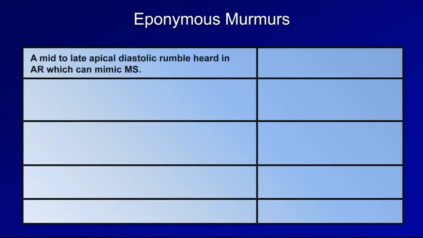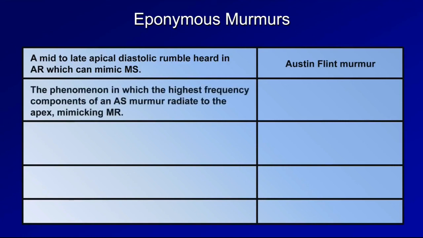First, a mid to late apical diastolic rumble heard in aortic regurgitation, which can mimic mitral stenosis. That is the Austin-Flint murmur. Next, the phenomenon in which the highest frequency components of an aortic stenosis murmur radiate to the apex, mimicking mitral regurgitation. That is the Gallivardin phenomenon.